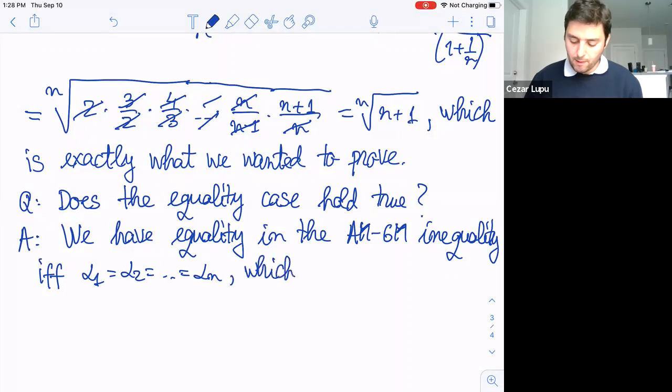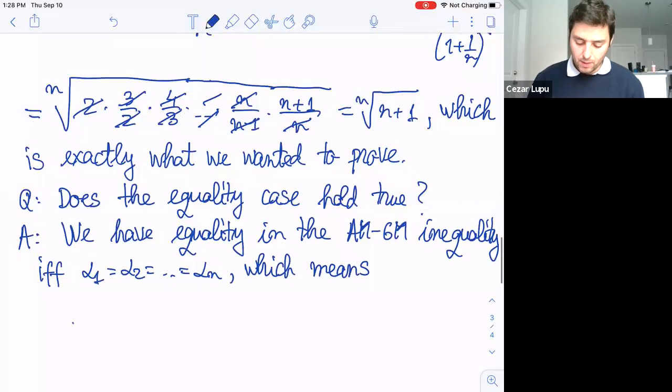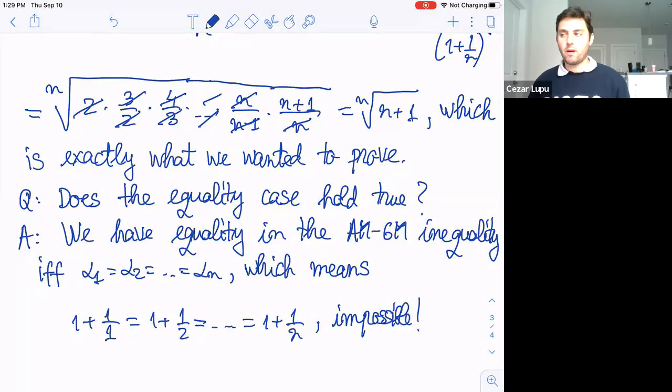In our case, this means that 1 plus 1/1 is the same as 1 plus 1/2, which is the same as 1 plus 1/n, which is impossible. This cannot be equal, right? And that's it. So that was the first part.